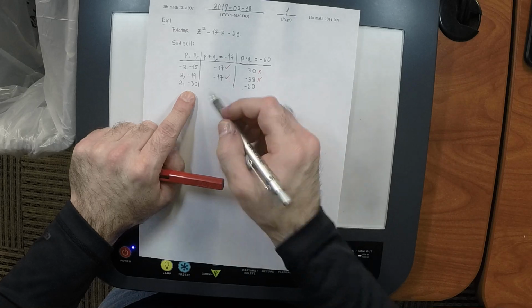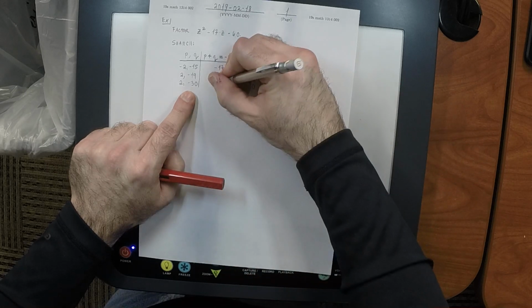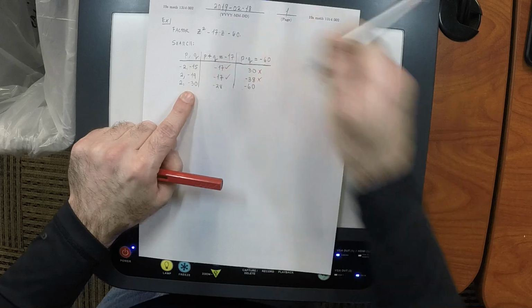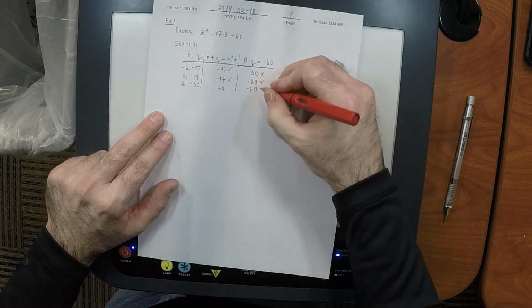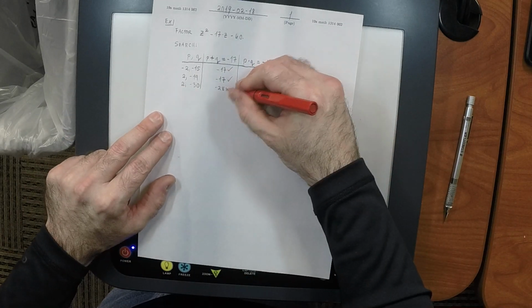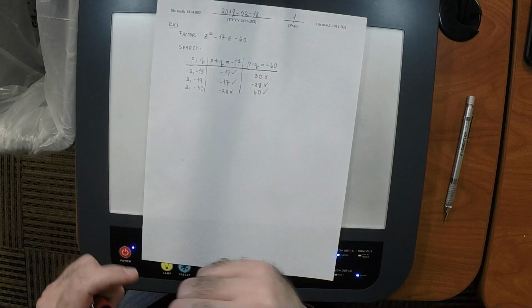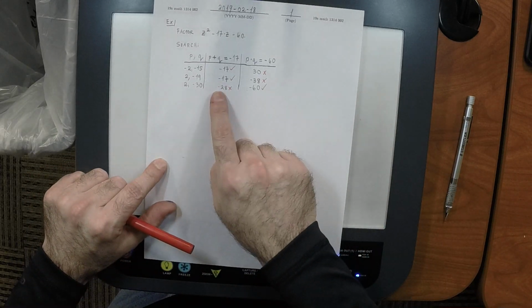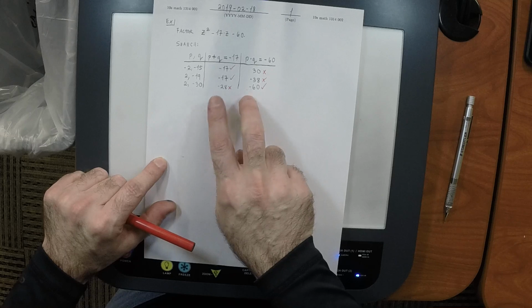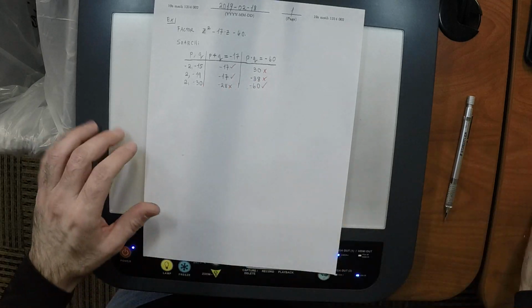But when you add them together, what do you get? Negative 28, right? So can you see, it's always possible to find two numbers that satisfy either that one or that one. The trick is finding two numbers that satisfy both.